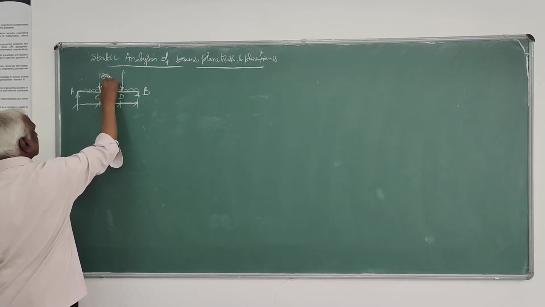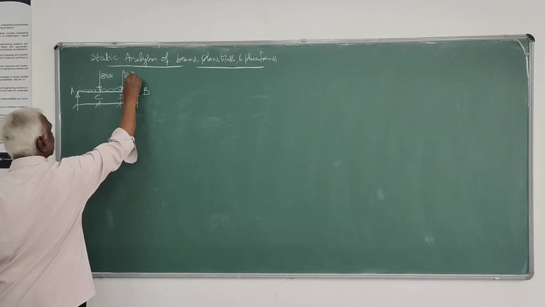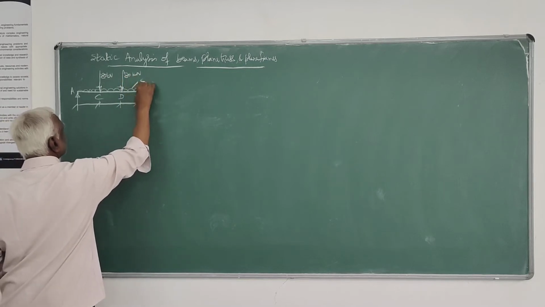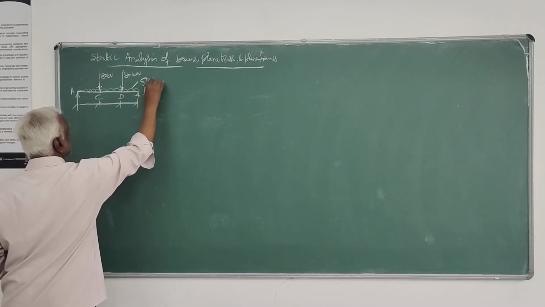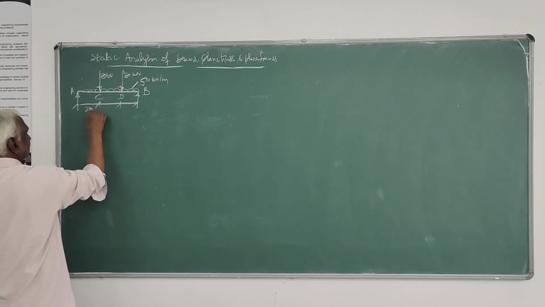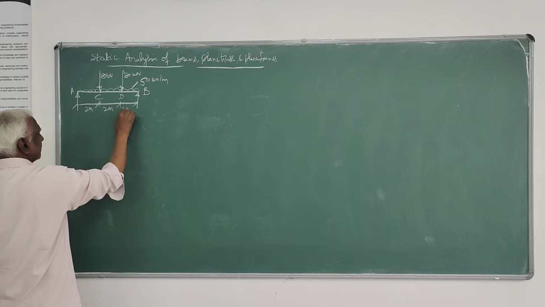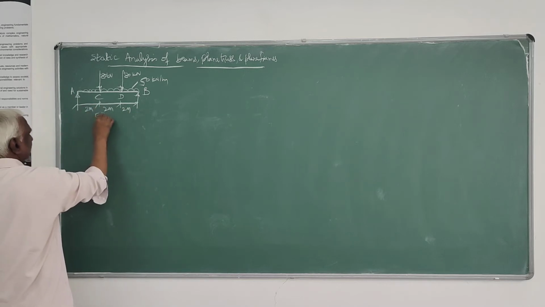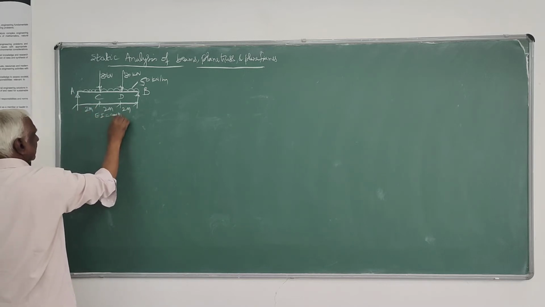So 80 kilonewtons, 80 kilonewtons, 50 kilonewtons per meter. Each span is 2 meters. Of course, you can take EI here as constant.